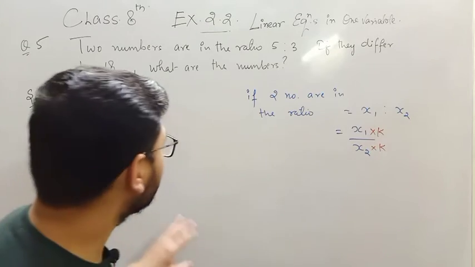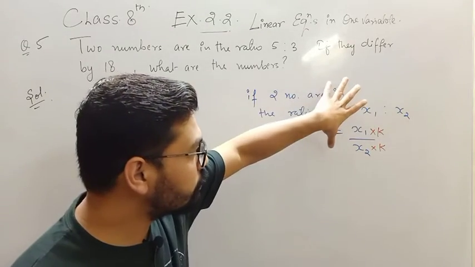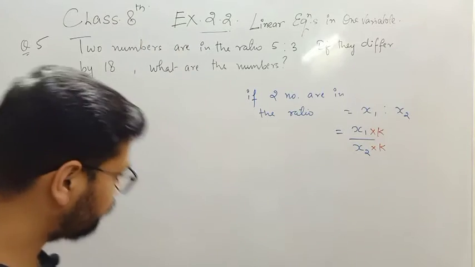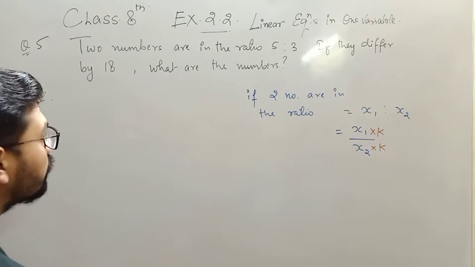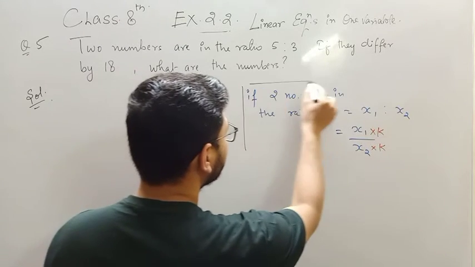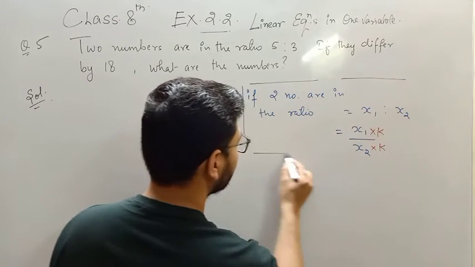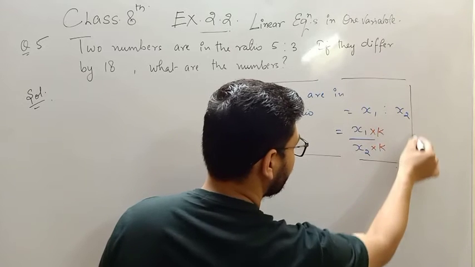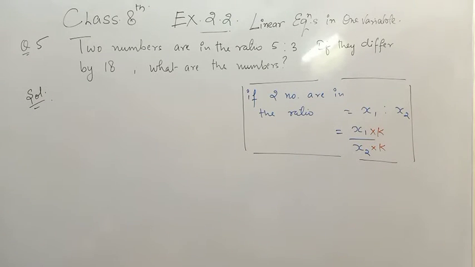Okay, so I just use this concept in this question. So this is the basic concept of ratio and proportion. Okay, now see the question. Two numbers are in the ratio 5:3.